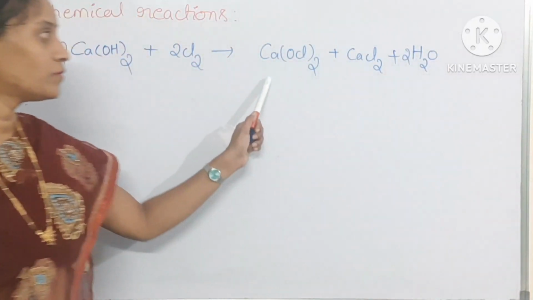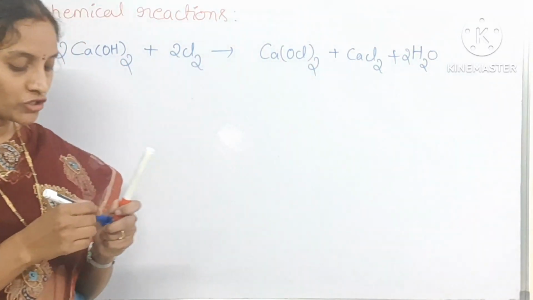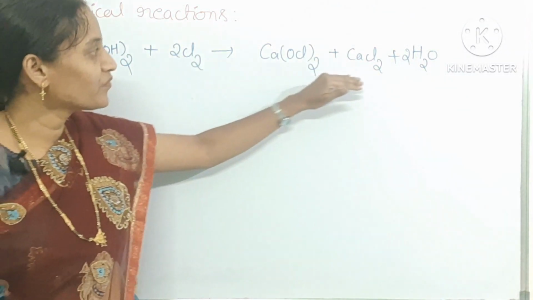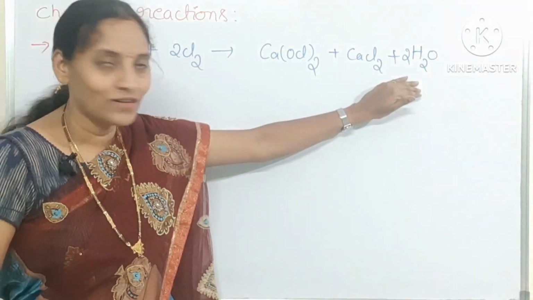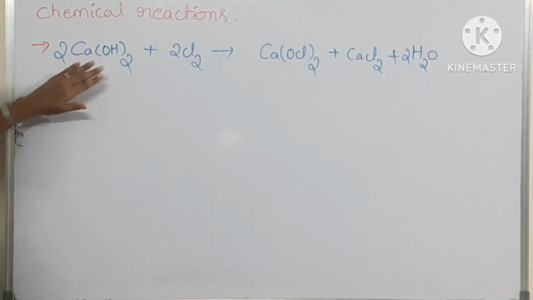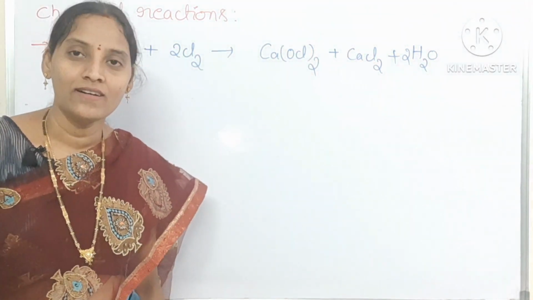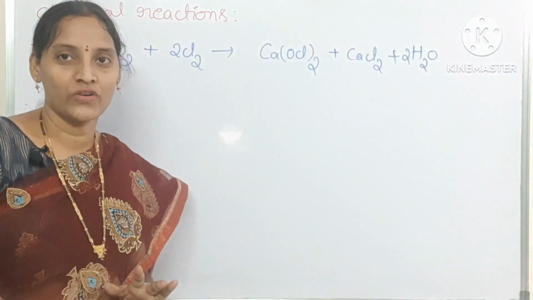This is the bleaching powder, the mixture of Ca(OCl)2, CaCl2, water, and along with that dry slaked lime. The mixture of these 4 compounds will become the bleaching powder.